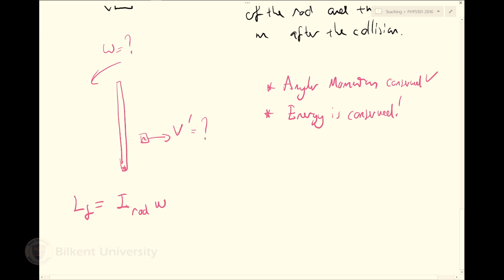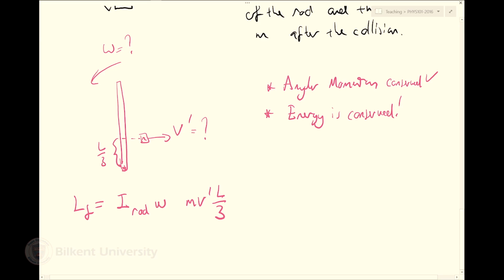How about the angular momentum of the small particle reflecting back? It's again reflecting back from L over 3, so it must be mv prime L over 3. But is the angular momentum of the small particle clockwise or counterclockwise? Now it's clockwise.